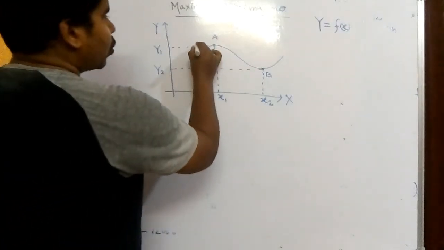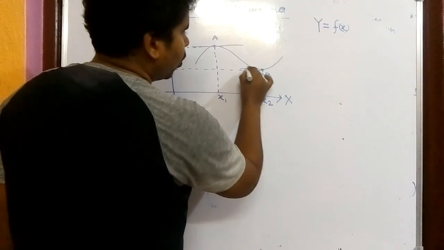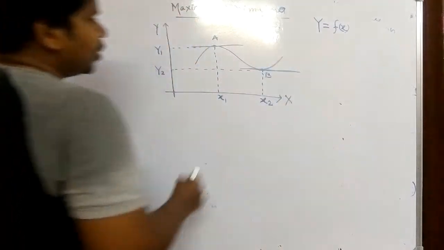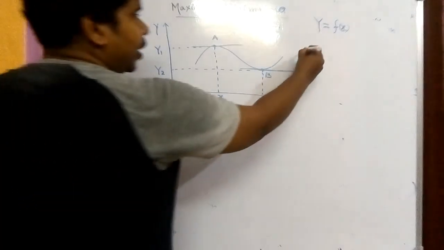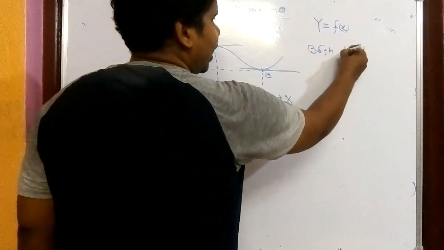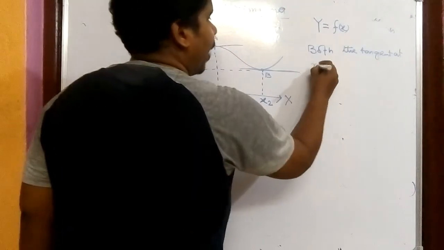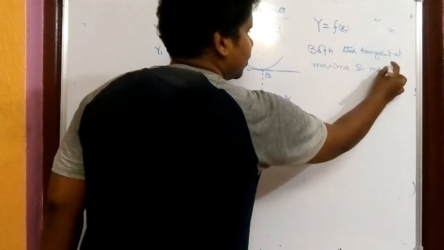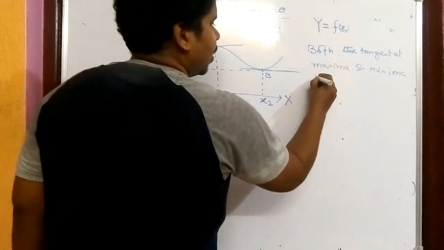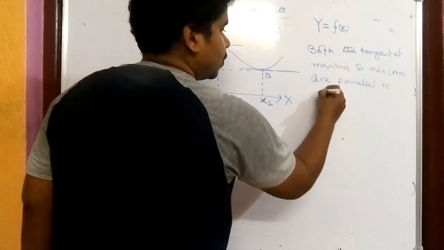So first we have to draw a tangent at A and a tangent at B. So these two lines I have drawn are the tangent at A and the tangent at B. Both the tangents at maxima and minima are parallel to the x-axis.